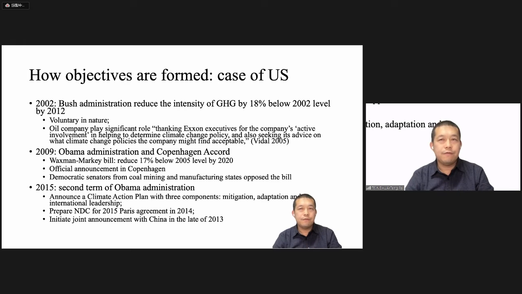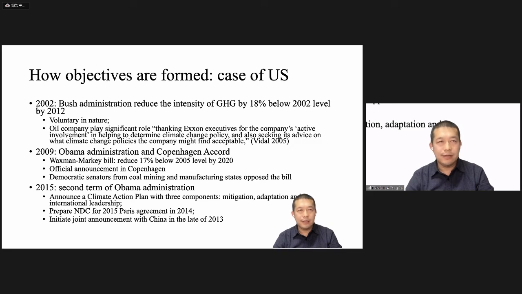But because Republicans in the Congress were against this target, the United States officially announced it in Copenhagen, but never passed the bill in the Congress.